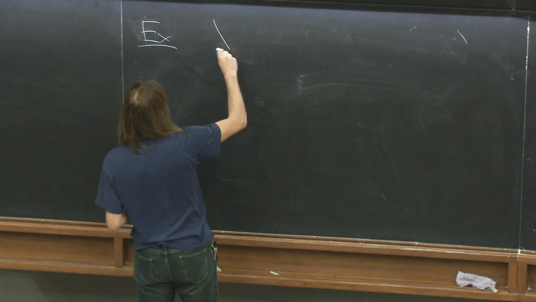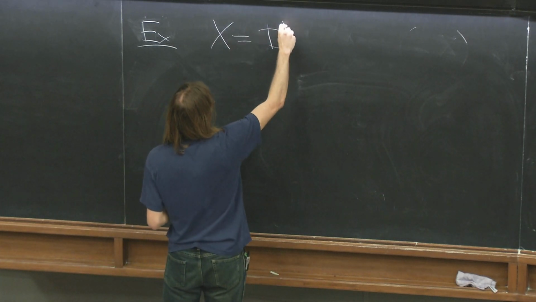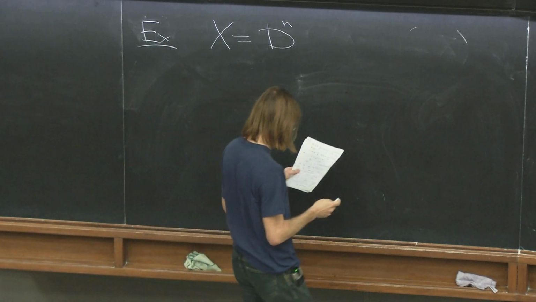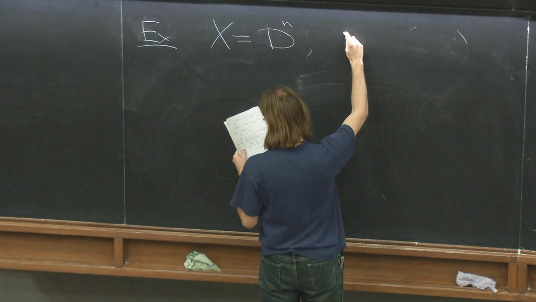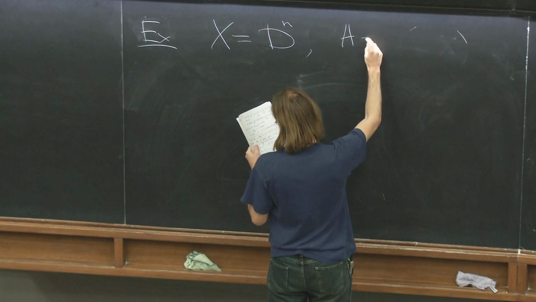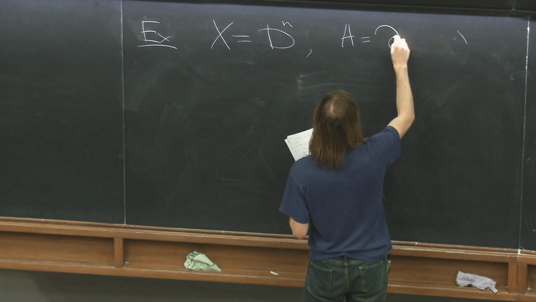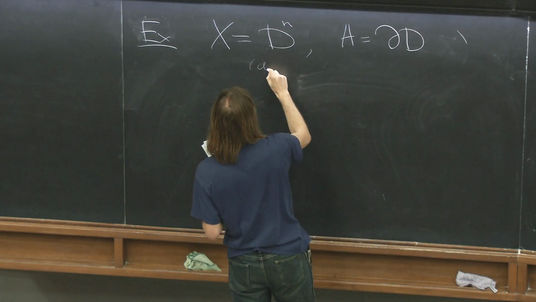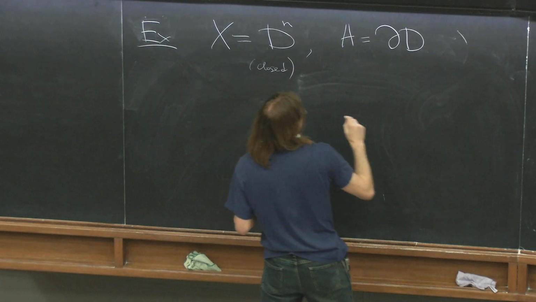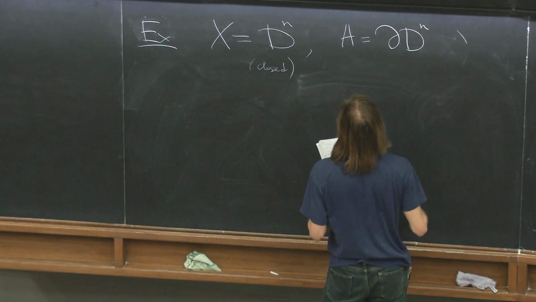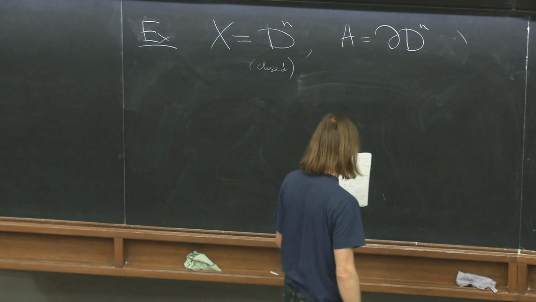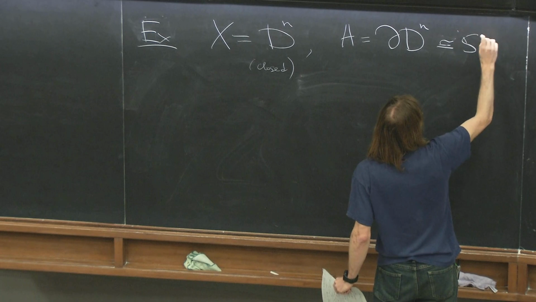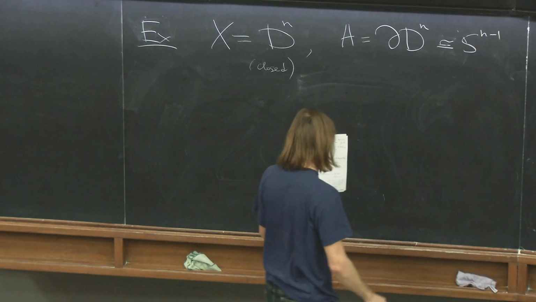So let's consider a situation when X is an n-dimensional disk or a ball, if you wish, and A is a subspace which is its boundary. So I take a closed disk and its boundary. But the boundary of this n-dimensional disk is, of course, an n-1 dimensional sphere.